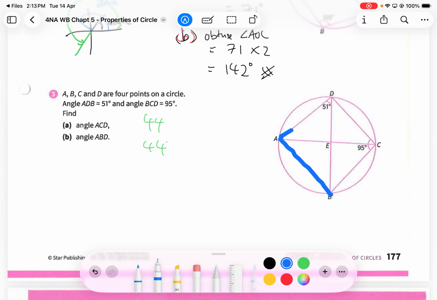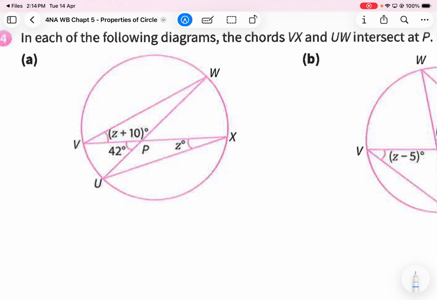Intersect at P, find the value of Z. Okay? So when it is within the circle, you see all this, you must start to think already. W and X, they both come here. So this angle at U and this angle at B are the same.